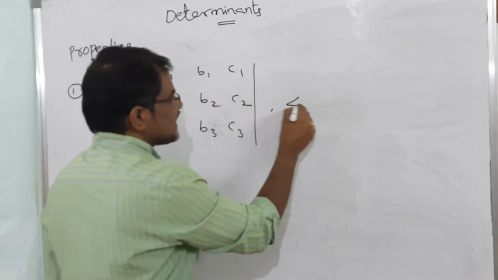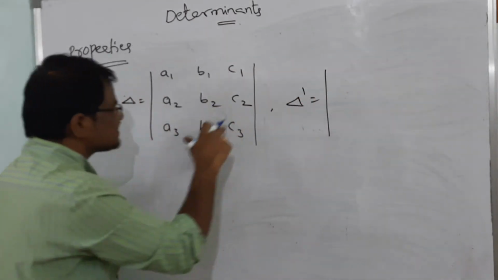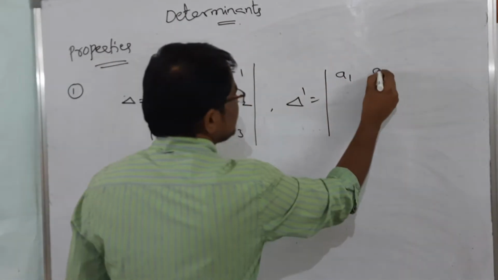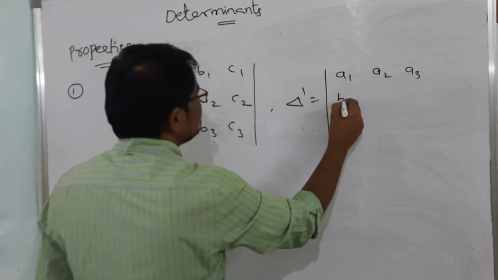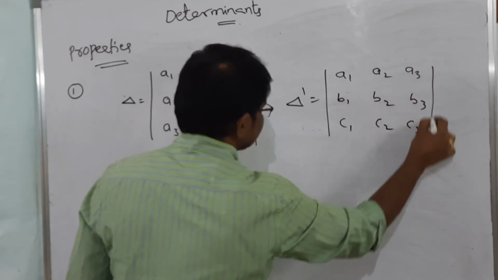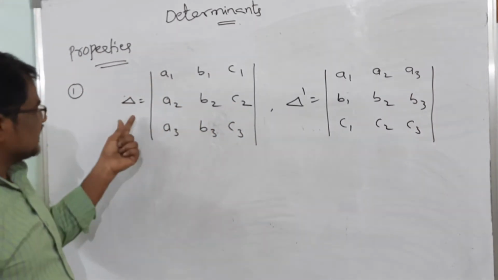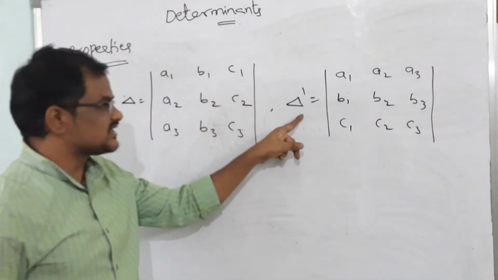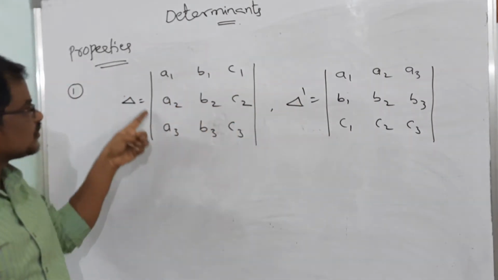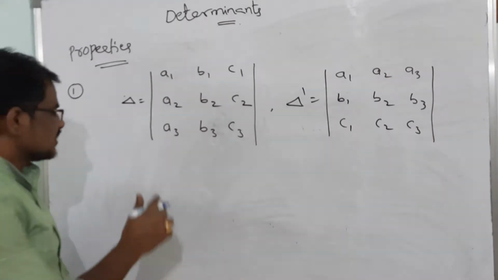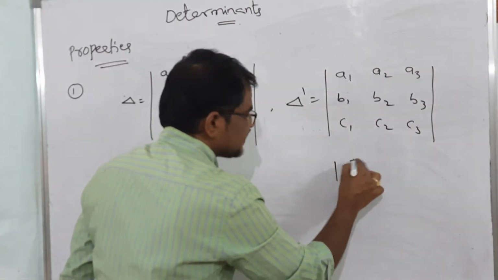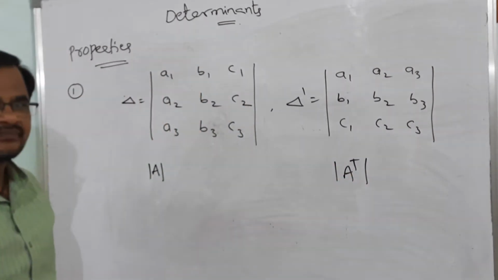So delta dash is obtained by interchanging the rows and columns of the delta, that is A1, A2, A3, B1, B2, B3, C1, C2, C3, right? So delta is this determinant. Delta dash is obtained by interchanging the rows and columns of this one. Means if this is the determinant of A, this is the determinant of A transpose, right?